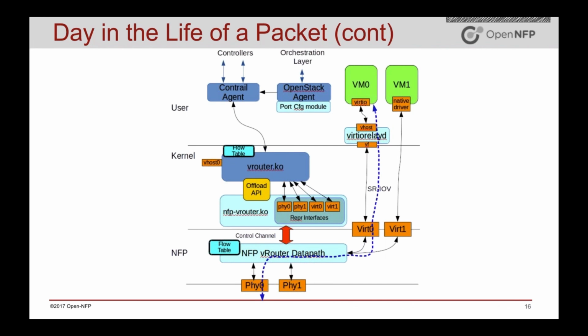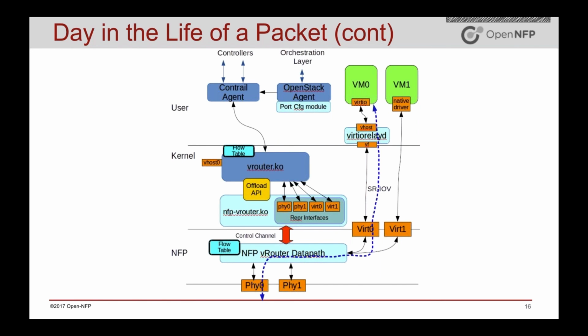From here, when a packet arrives from the VM, or a packet arrives from the physical interface destined for that VM on the same flow, the vRouter data path will say, I see this packet, I know exactly what to do with it.